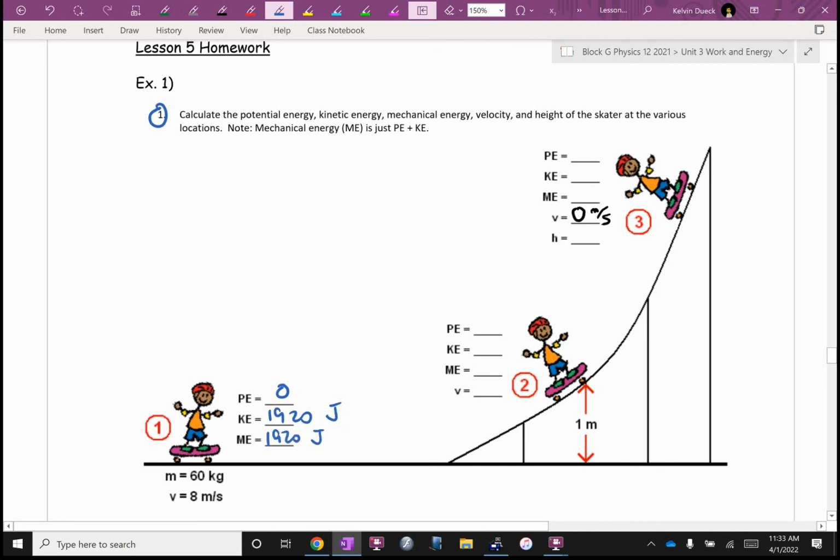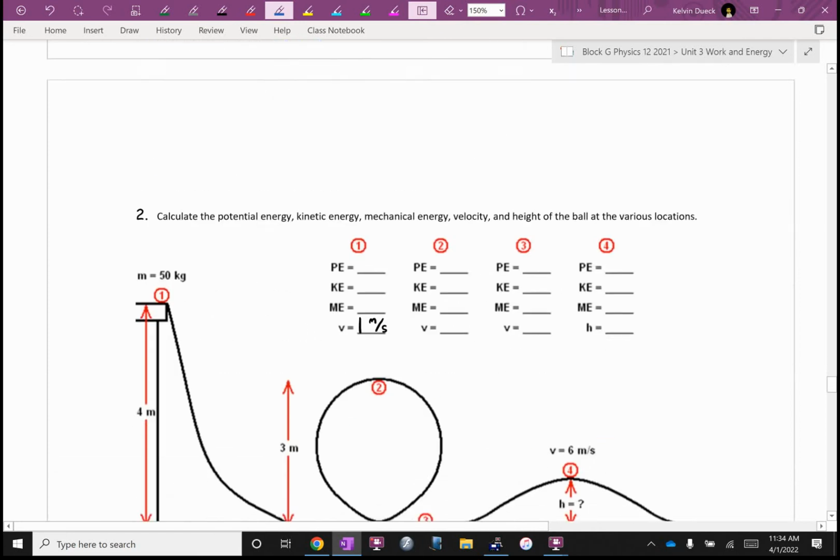ME is like the yellow bar on the skateboard app that I showed you. It's never going to change. So 1920, 1920. What will change is your potential and your kinetic, but they have to add to 1920. There's enough information in here for you to fill in the blanks and figure it out from there. Okay? See if we can figure it out.